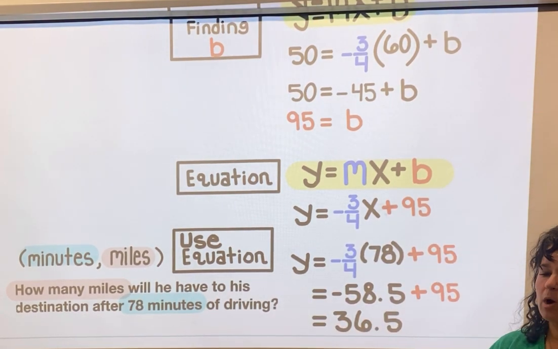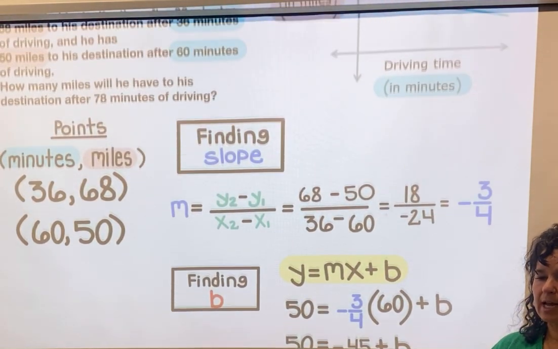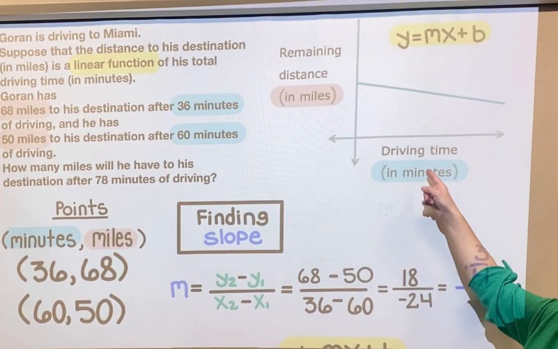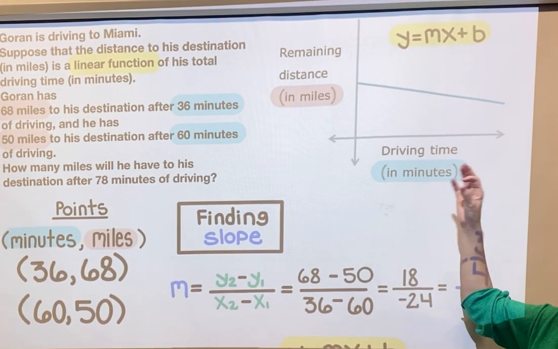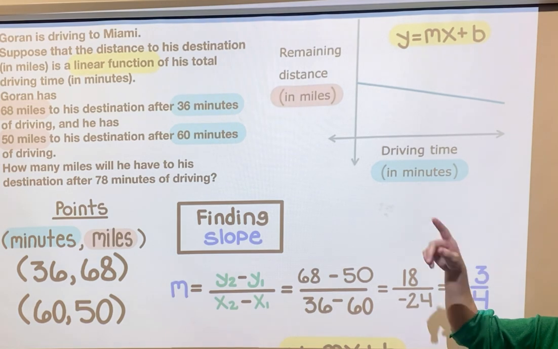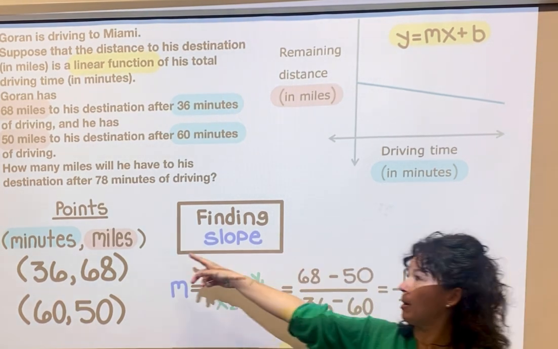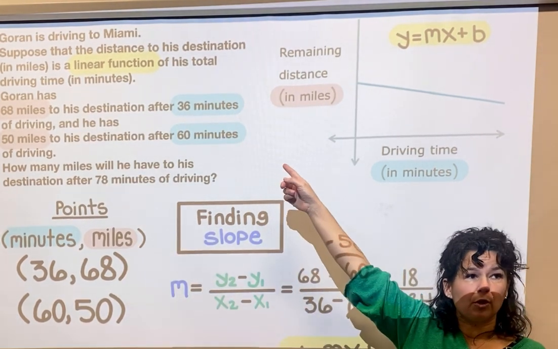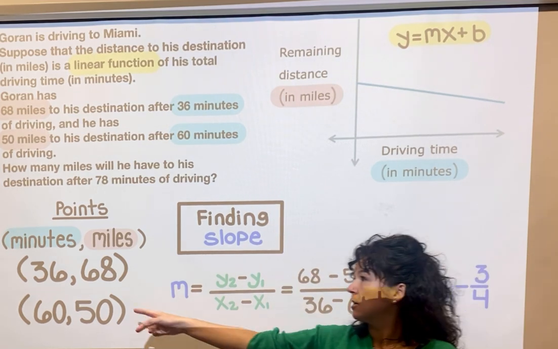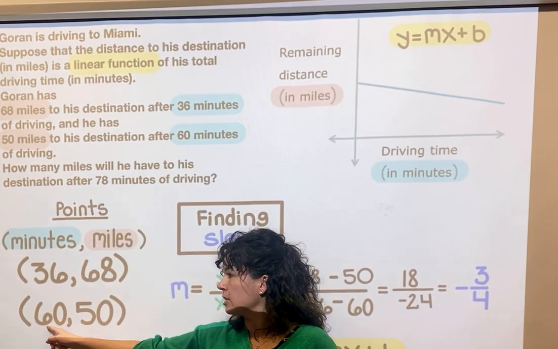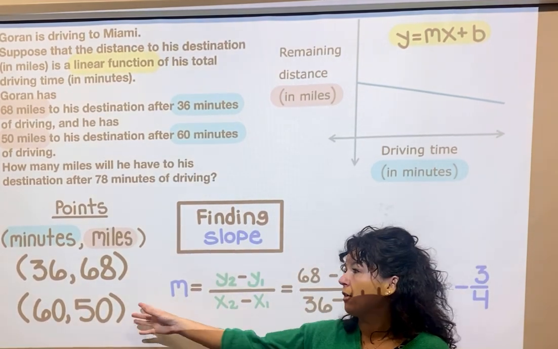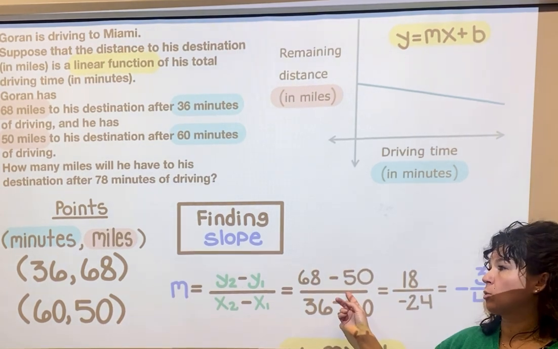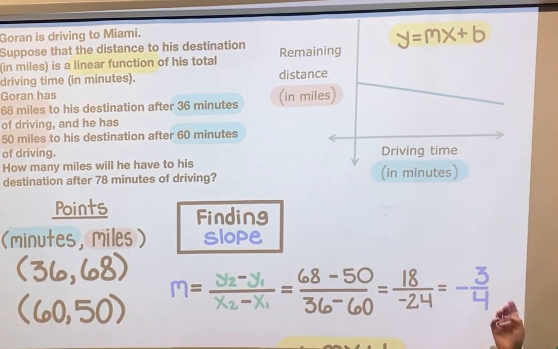Okay, so step 1, just a very quick recap. Step 1 is look at your graph and see what the labels are on the x and the y. So I found out it was minutes, comma, miles. Then I read through to find 2 points, minutes, comma, miles, minutes, comma, miles. Now that I have 2 points, I subtract the y's over the x's to find the slope.